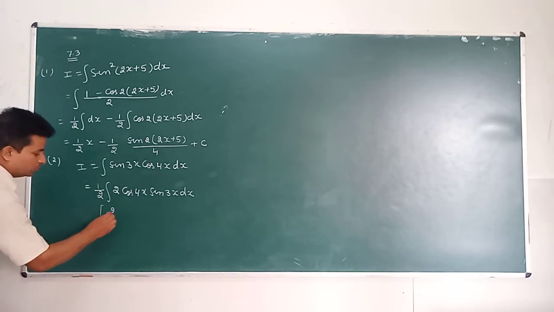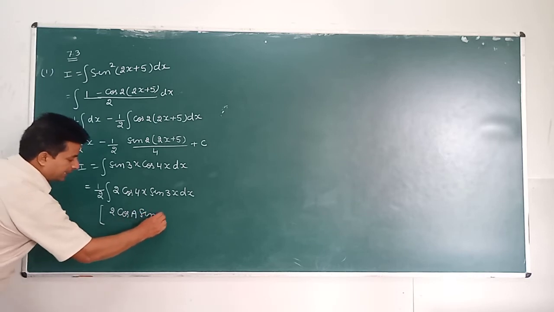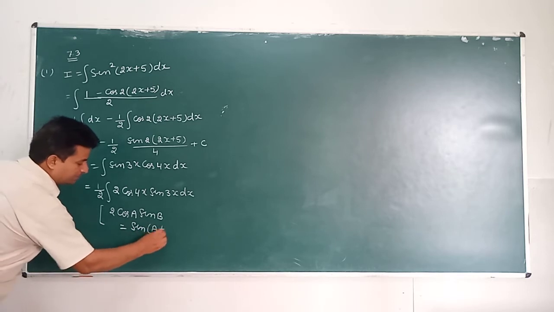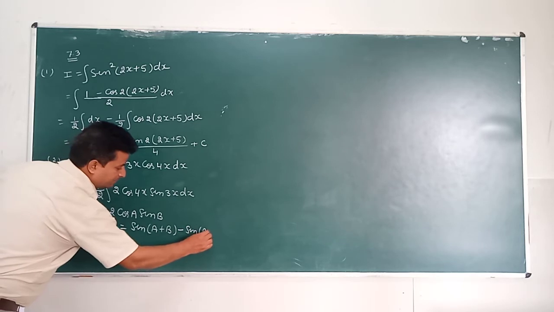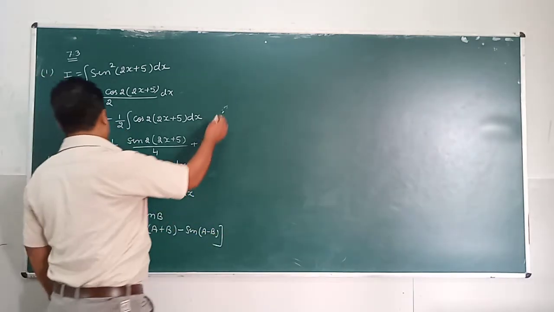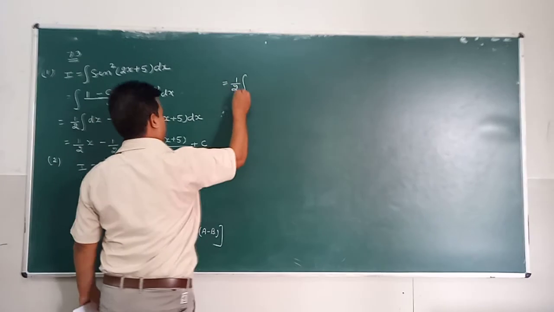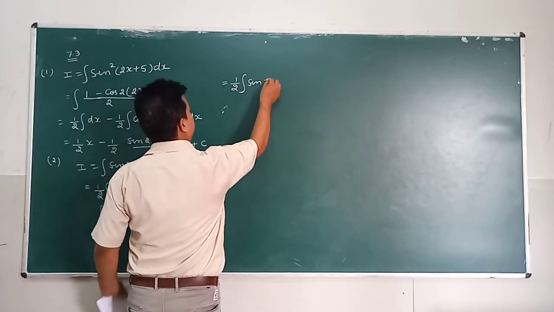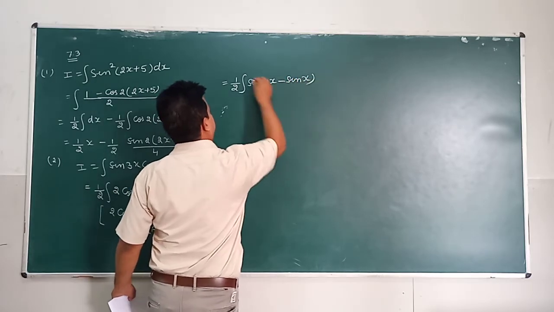In this we use the formula 2 cos A sin B, which is sin (A plus B) minus sin (A minus B). Here A is 4x and B is 3x. So this is 1 upon 2. This is sin (A plus B). A plus B is 7x. A minus B is x.